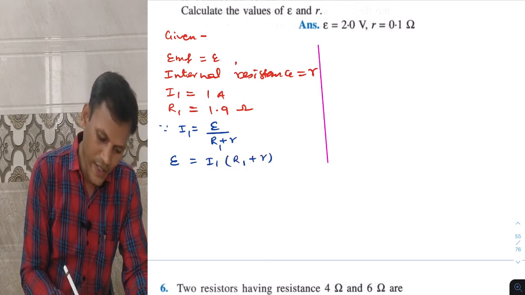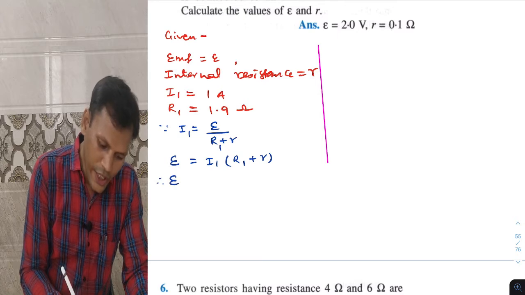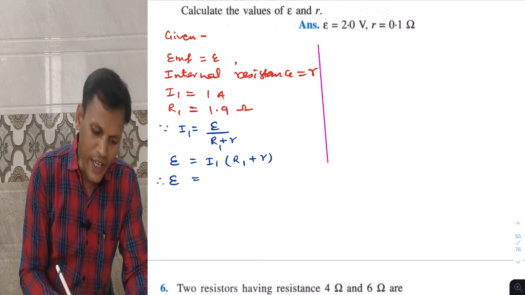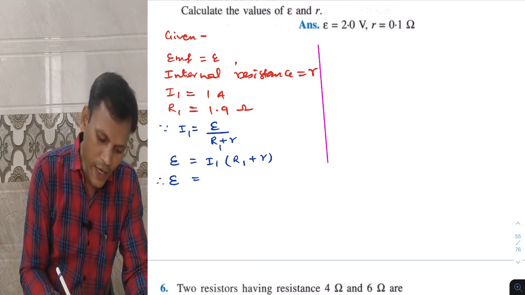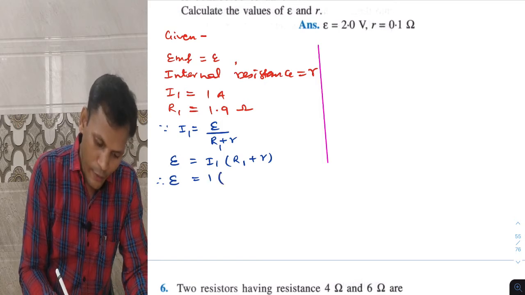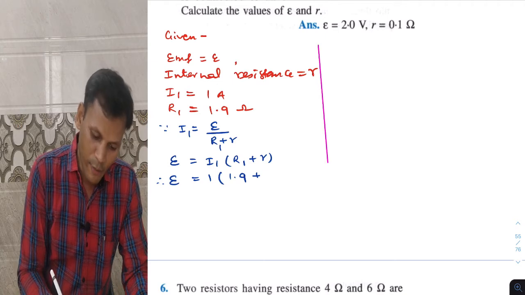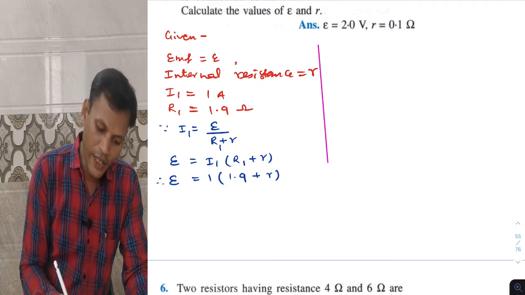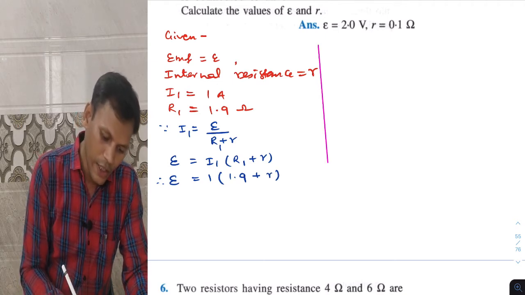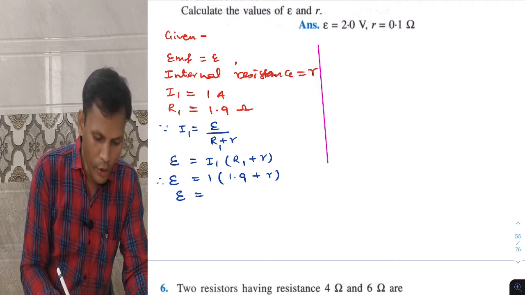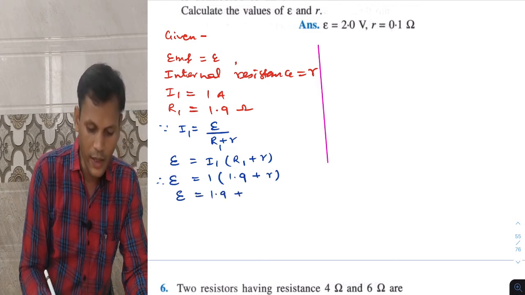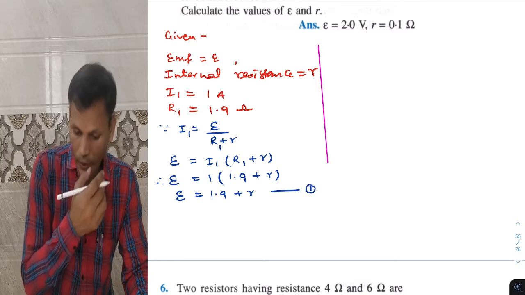Just substitute the value: E is equal to I1 which is 1, into R1 which is 1.9, plus small r. So we get one equation, E is equal to 1.9 plus r. This is equation 1.